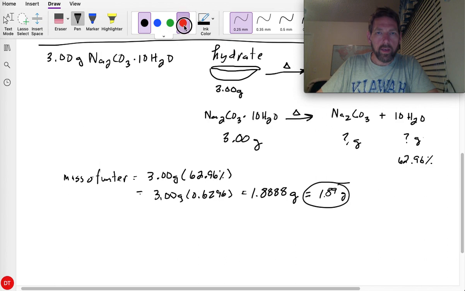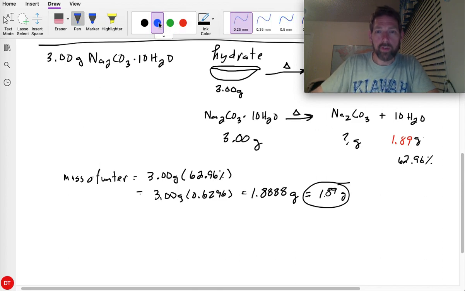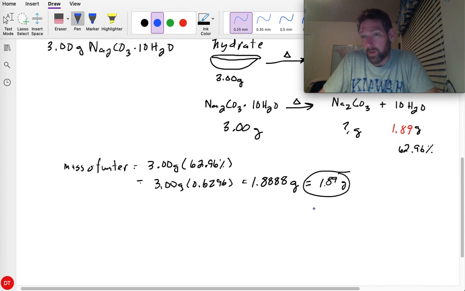All right. So now let's think about this for a second. If we've calculated this out to be 1.89 grams, can we figure out how many grams this is? Well, there's a couple things we can do. We can do basic mass by difference, right?